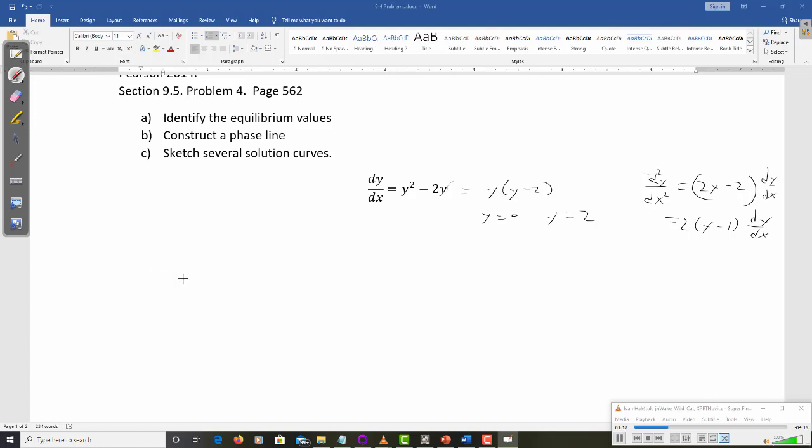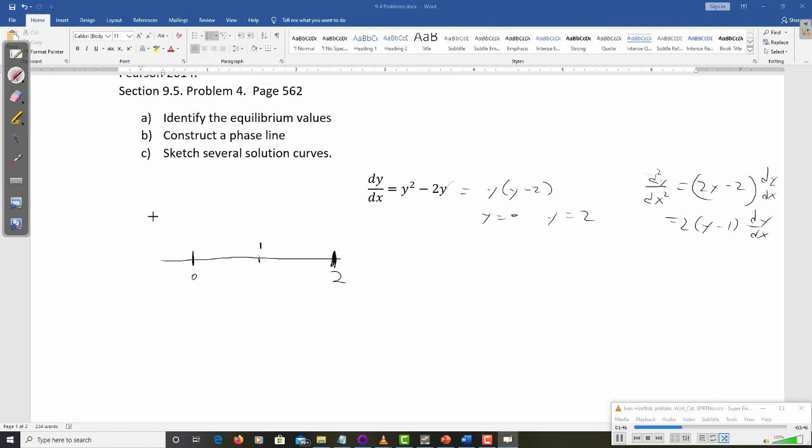So our phase line, we've got 0, we've got 2. I'm going to make my mark for the second derivative up here, because it's not really a rest point, just an inflection point. But it's worth pointing out regardless.